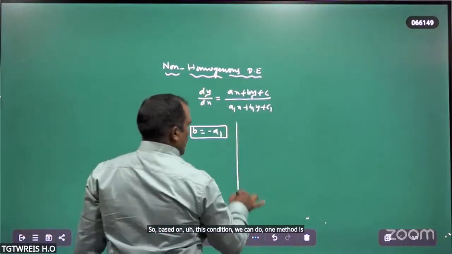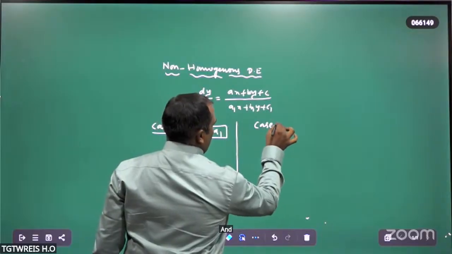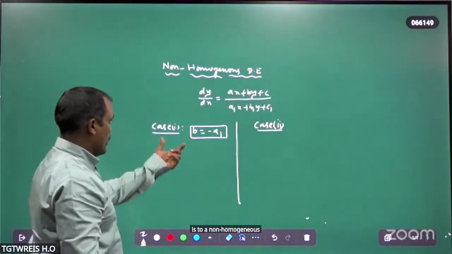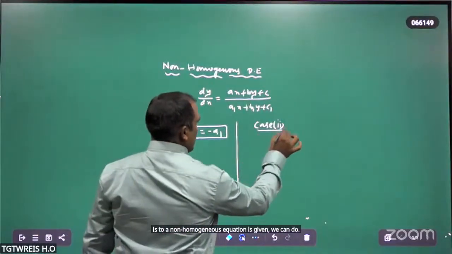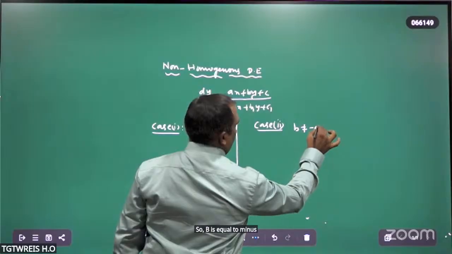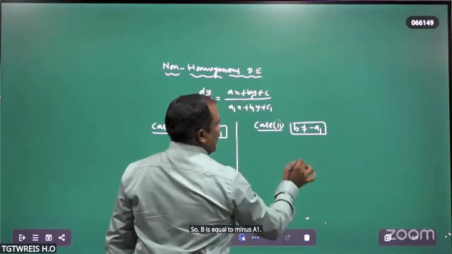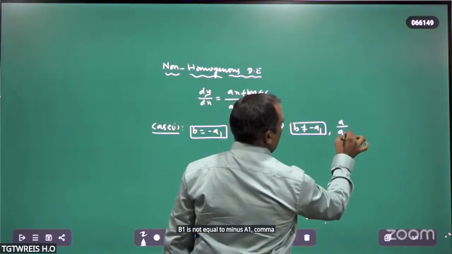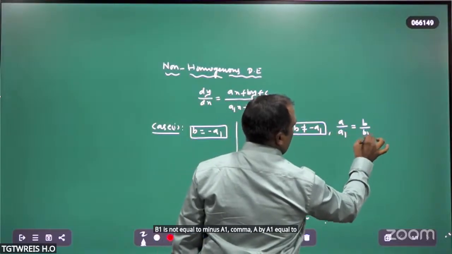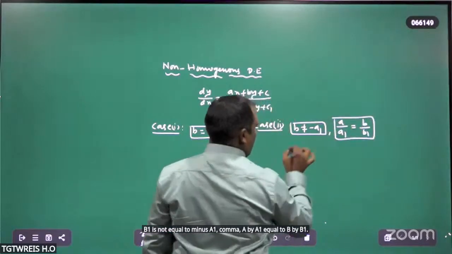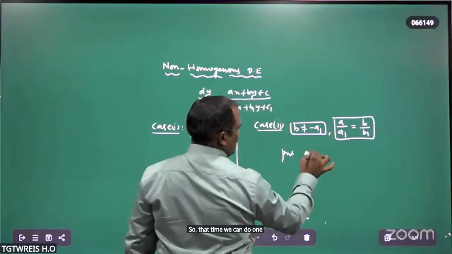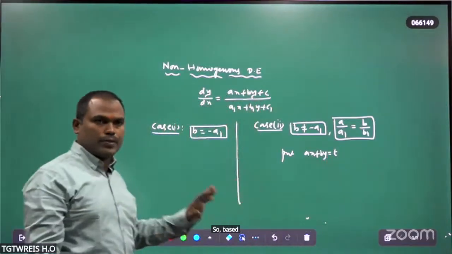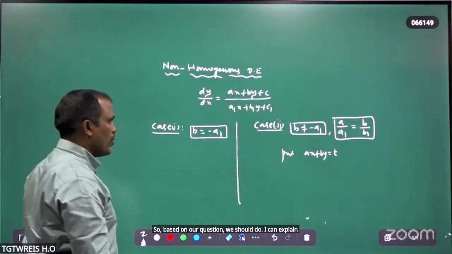And case two: b is not equal to minus a1, but a by a1 equal to b by b1. At that time we can put ax plus by equal to some t or v. Based on the question we should do it. I can explain each case with one problem.